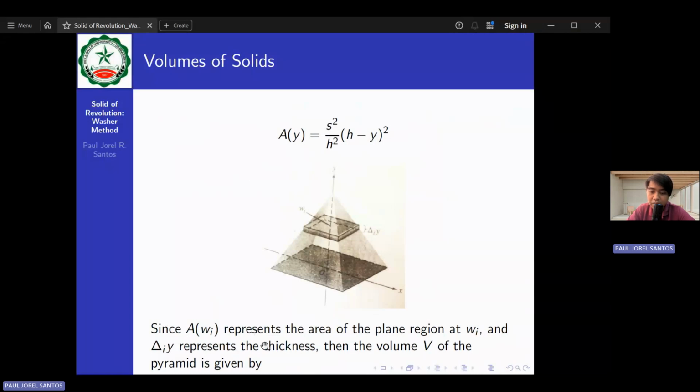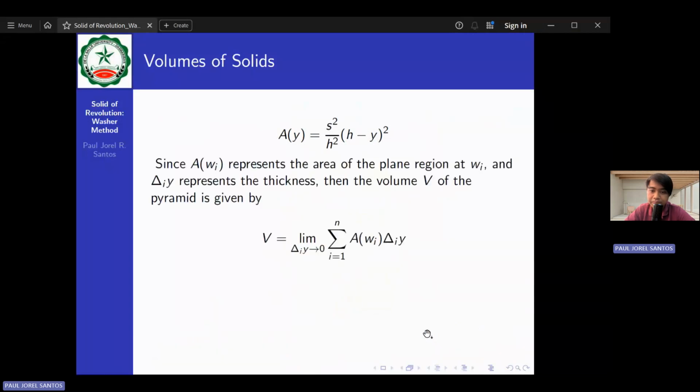If this is the case, the volume V of the pyramid is given by V is equal to the limit of the summation of A of W sub i multiplied by delta sub i y from i equals 1 up to n, as delta sub i y approaches 0.